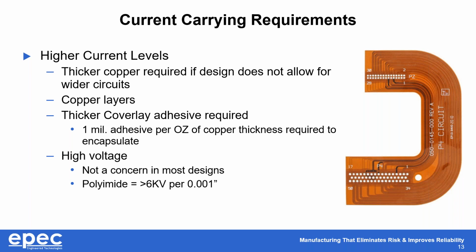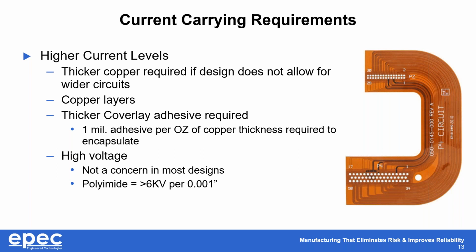Your copper layers require thicker coverlay adhesives as well in order to bond and encapsulate. The rule of thumb is you need 1 mil of adhesive per ounce of copper thickness in order to achieve a proper encapsulation that will meet IPC specifications.